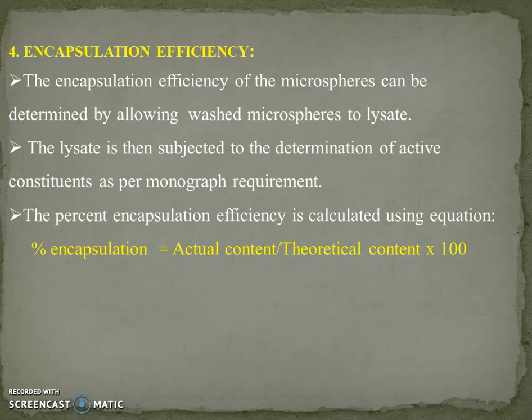The lysate is then subjected to determination of the active constituent present in the microcapsules as per the monograph requirement. The percent encapsulation efficiency is calculated by the equation: percent encapsulation efficiency is equal to actual content divided by theoretical content, multiplied by 100.